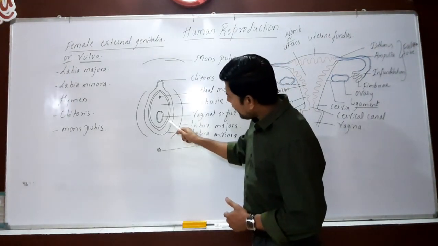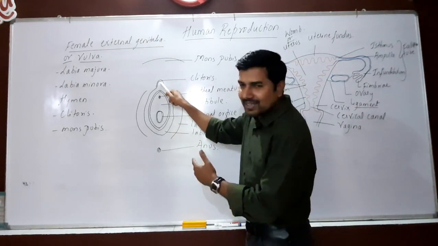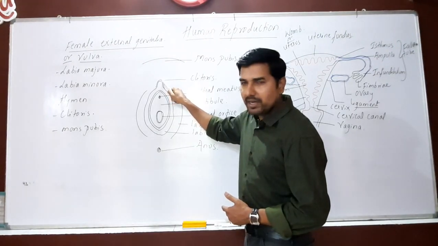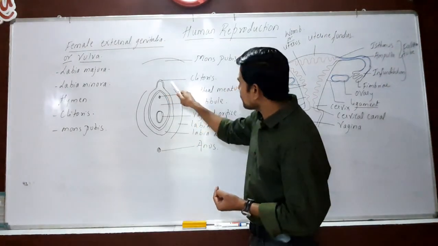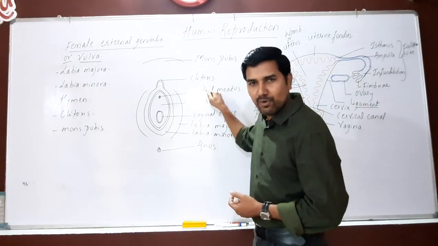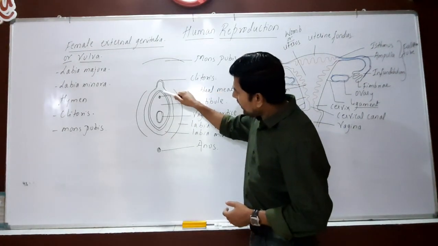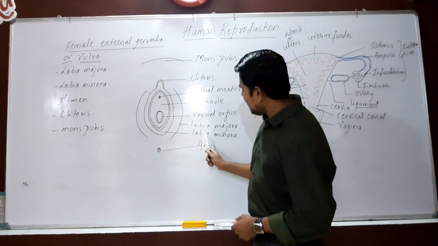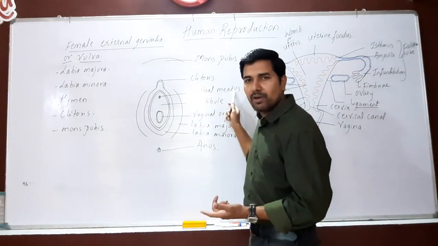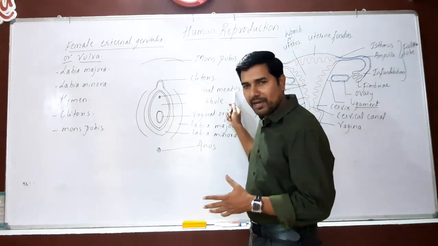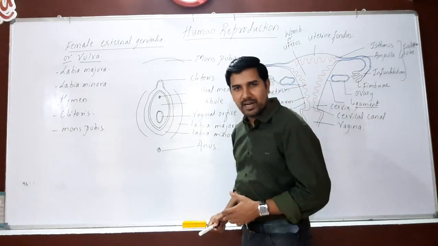So this labia minora, on its anterior or upper part, forms a tiny finger-like projection which is called the clitoris. Then inside the labia minora, we have an opening called the urethral opening, or the urethral meatus, the opening of the urethra.